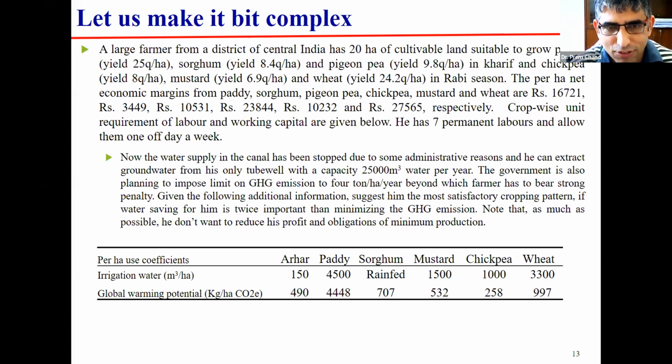So two more dimensions have come. Other things remain. Given the following additional information, suggest the most satisfactory cropping pattern if water saving is twice as important as minimization of GHG emissions. He doesn't want to reduce his profit much, and there are obligations of minimum production.